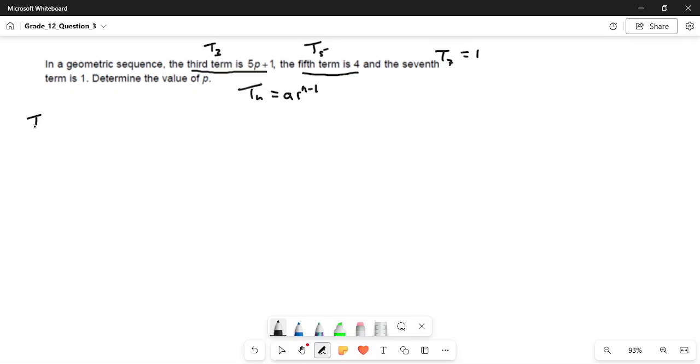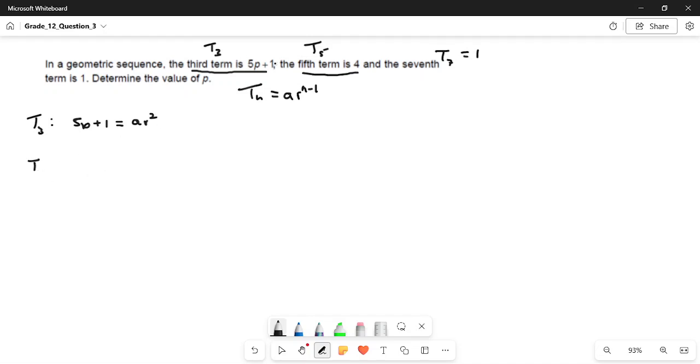The first one being t sub 3, we'll say 5p plus 1 is equal to, we don't know what a is, so we just write that as a, and then r raised to the power n minus 1. However, since we know what our n is, we'll say 3 minus 1, which means we'll have 2 then.